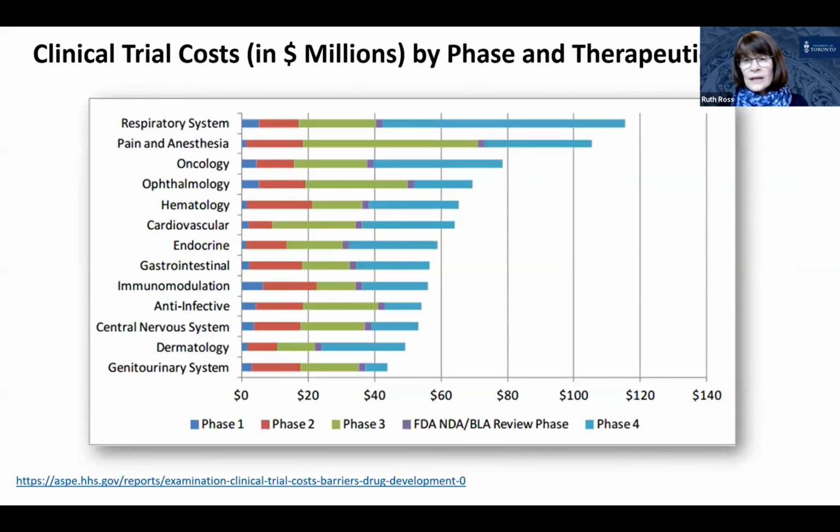So in that context, you can imagine why there's sometimes a reticence to conduct clinical trials for things that people might be taking anyway, or self-medicating with.